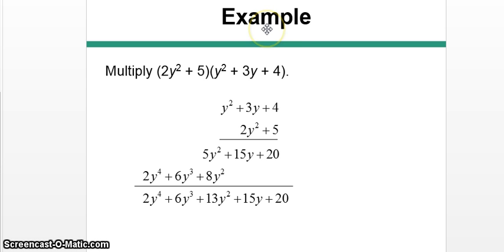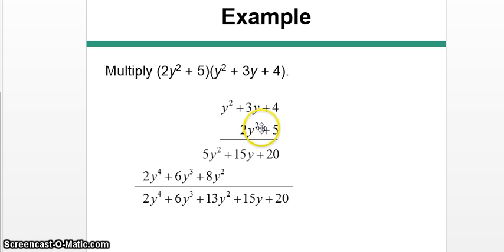Let us see another example. Multiply 2y squared plus 5 with y squared plus 3y plus 4. First you write down the trinomial y squared plus 3y plus 4. Then you write down the binomial 2y squared plus 5.